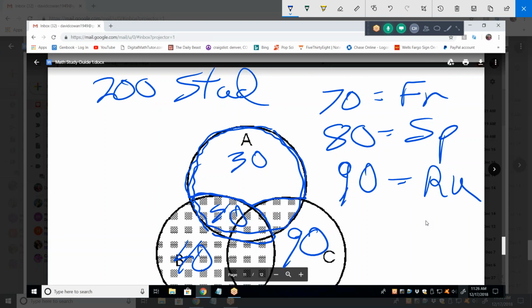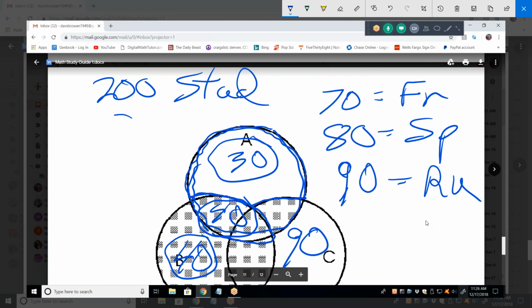So there's 30 French, there's 40 taking French and Spanish, there's 40 taking Spanish only. Well, that's 110 plus 90. There must be 90 students taking Russian only.